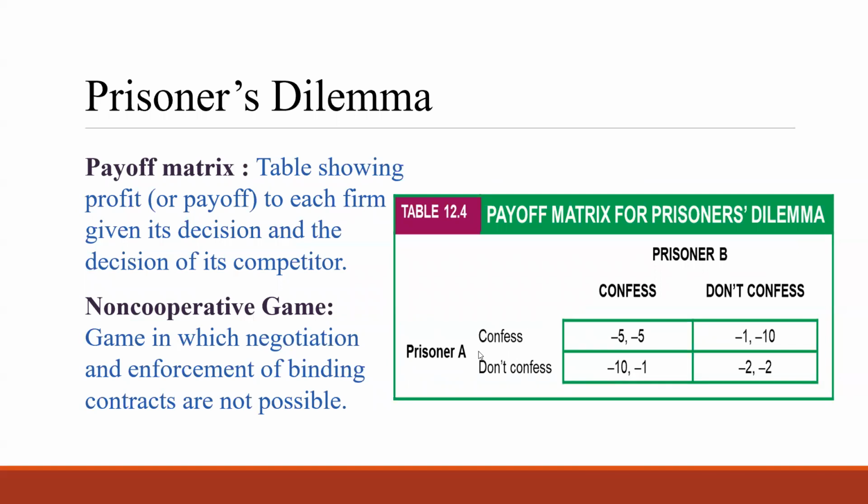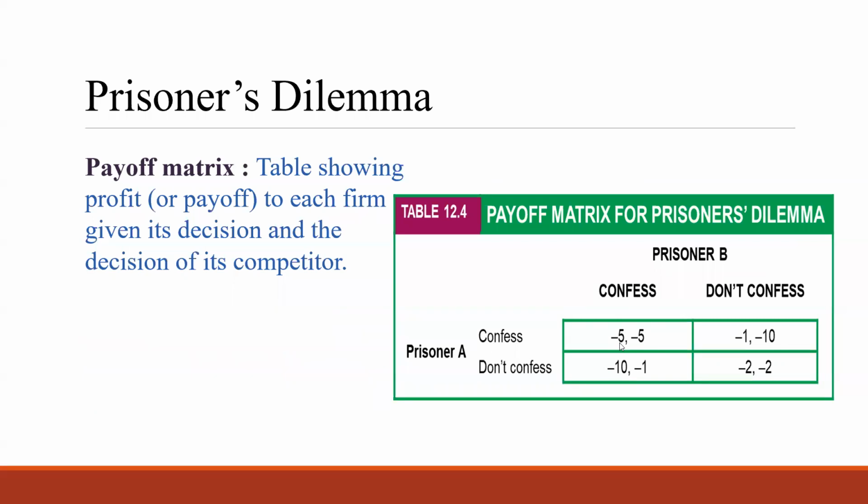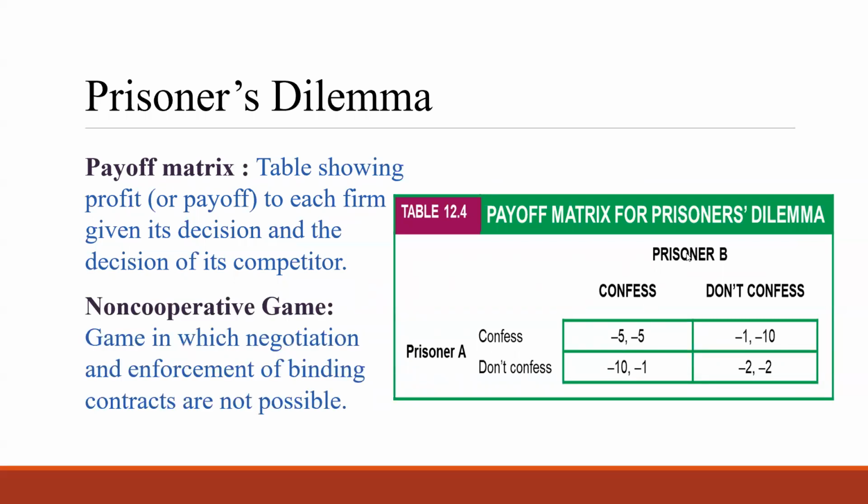Then, if you are thinking about your own benefit, we need to avoid being the dolt by playing betrayal as well, by confessing as well. So -5 is your best strategy, best response to the other player playing confess.